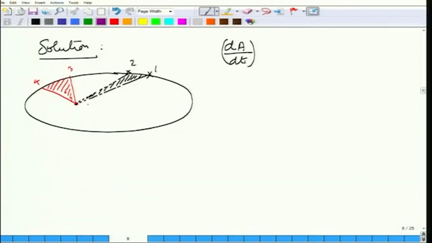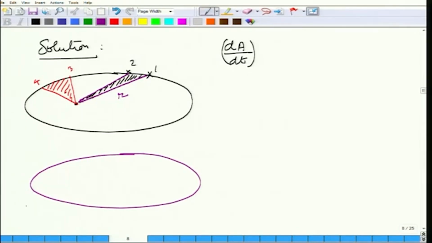So how do I express that? You see, this distance here is r, and I treat this as a triangle in a very short time. I made this for unit time, but let's take a short time and make it exaggerated. So this is the planet orbit, this is r, and in a very short time delta t it comes to this position here. This time is very short, so it covers a very small angle delta phi. If I were to calculate the area of the shaded region, let me drop a perpendicular from here.